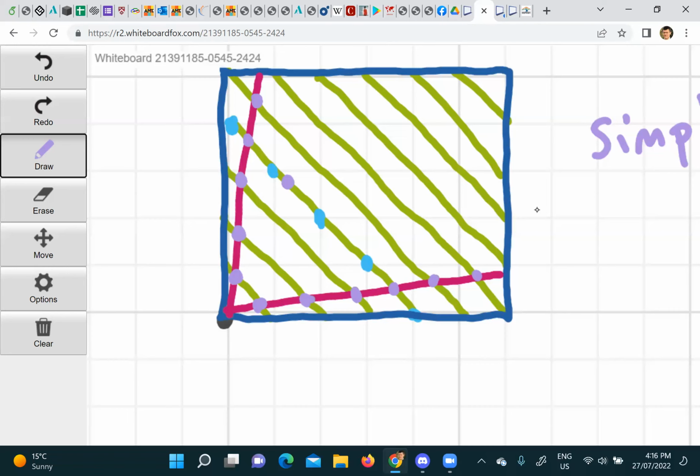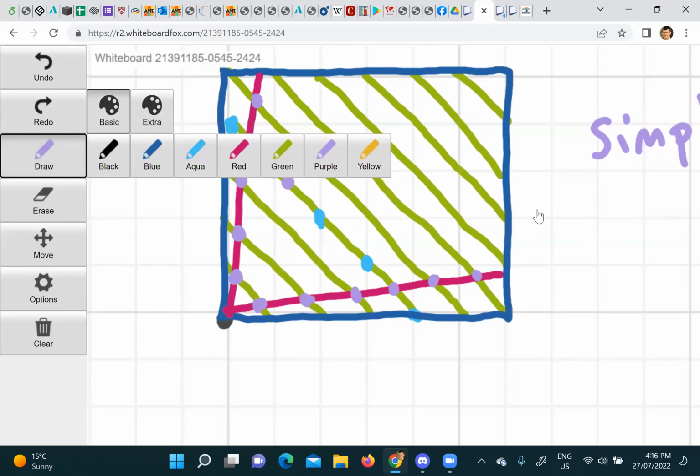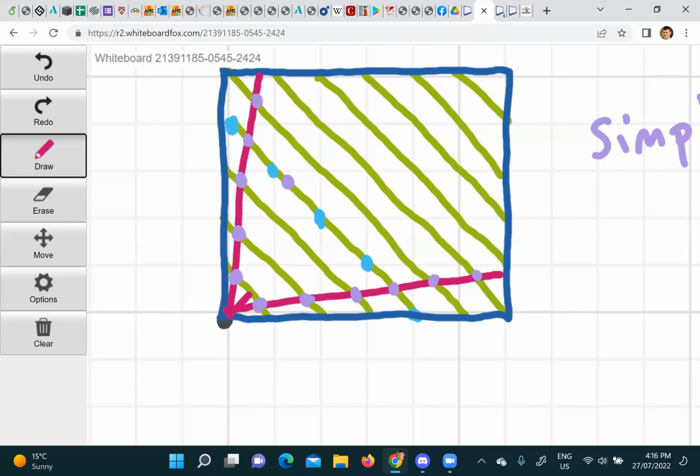Then we've basically solved the problem, right? Because then we just need to cut as many green lines as possible, right? Does that make sense?